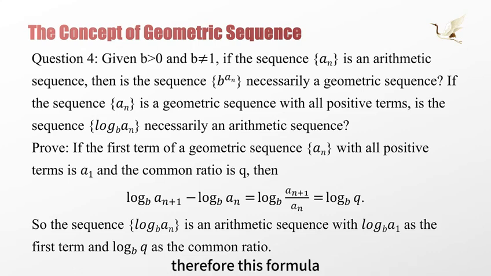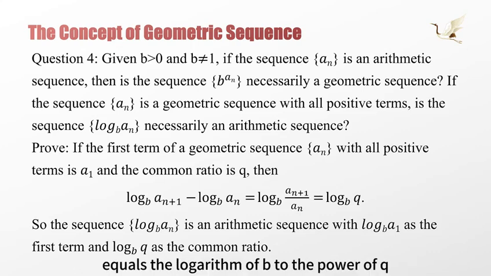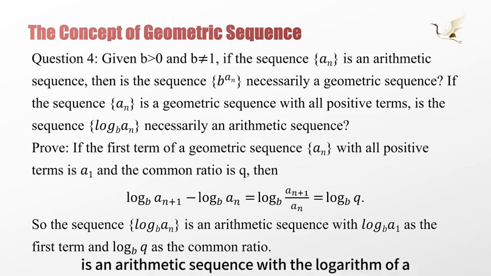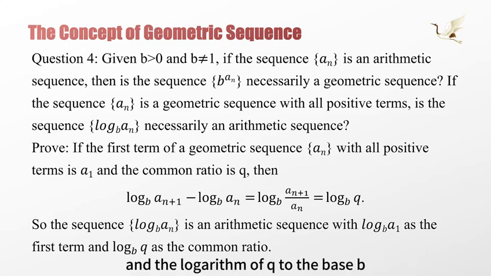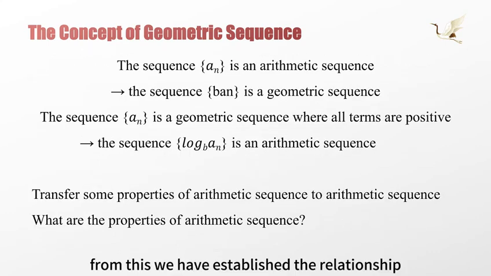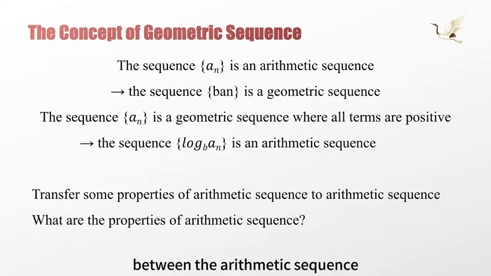Therefore, this equals the logarithm of q to the base b. We obtain that the logarithm of the sequence a n to the base b is an arithmetic sequence with the logarithm of a 1 to the base b as the first term and the logarithm of q to the base b as the common difference. From this, we have established the relationship between the arithmetic sequence and the geometric sequence.